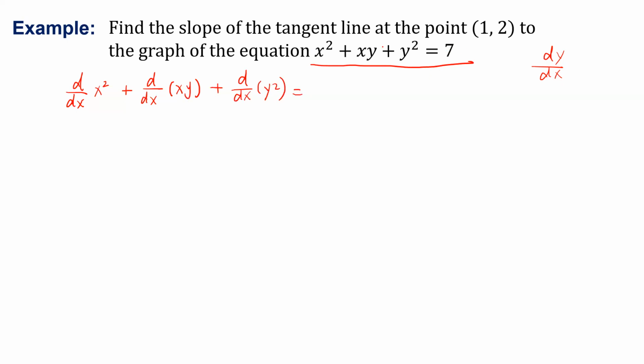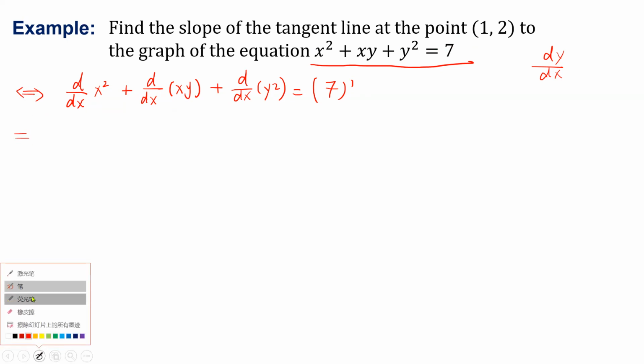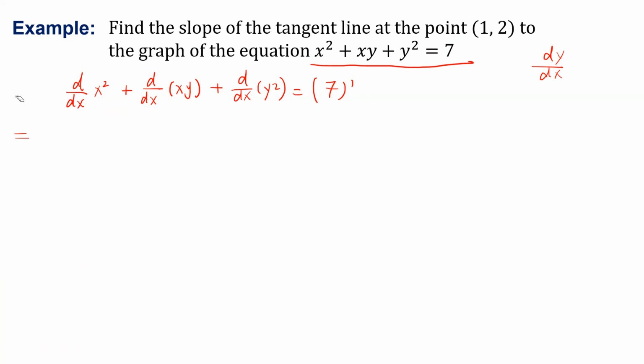The derivative of the right side is just the derivative of a constant. Then this gives us, okay, first, the derivative of x squared with respect to x is 2x, right?